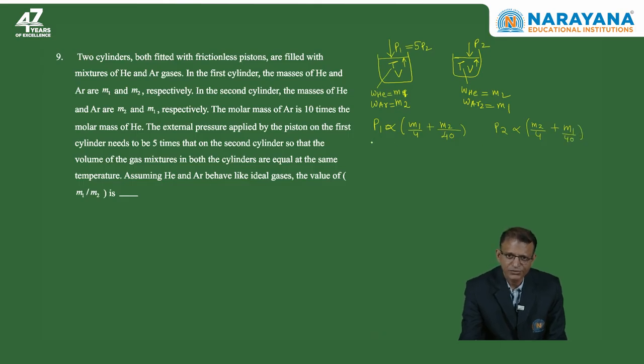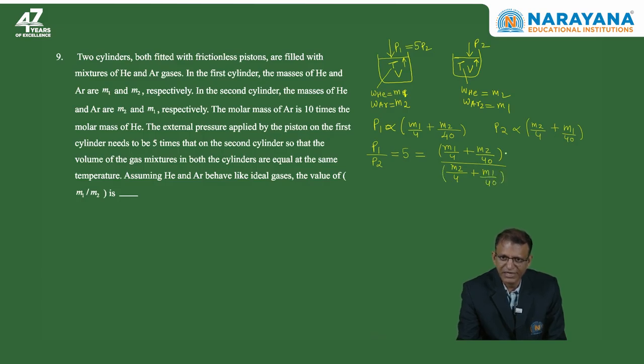So if I try to write the value of P1 upon P2, it is already given, that is equal to 5. So 5 is equal to M1 divided by 4 plus M2 divided by 40, upon M2 divided by 4 plus M1 divided by 40.